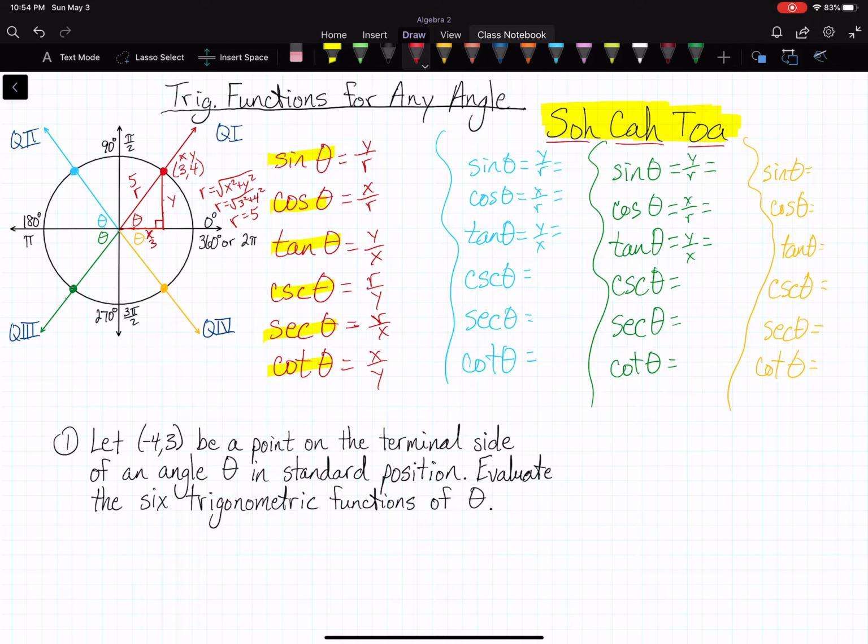That's a very, very common right triangle. Basically you just have to know these: y over r, x over r, y over x. And then for the reciprocals, you just flip all of those. Cosecant is r over y, secant is r over x, and cotangent is x over y.